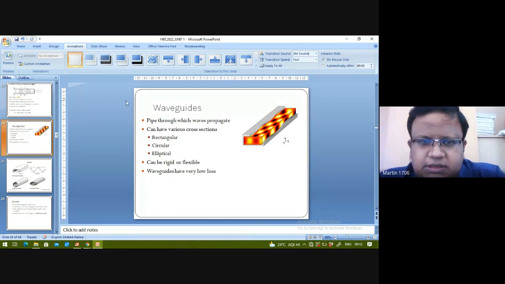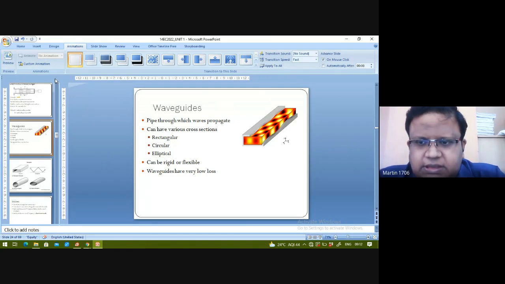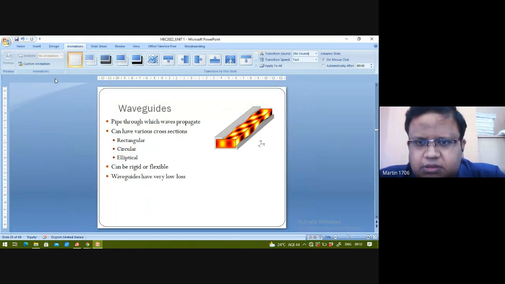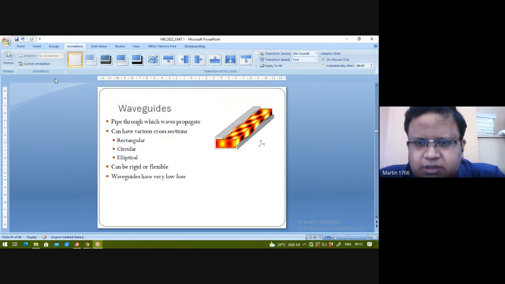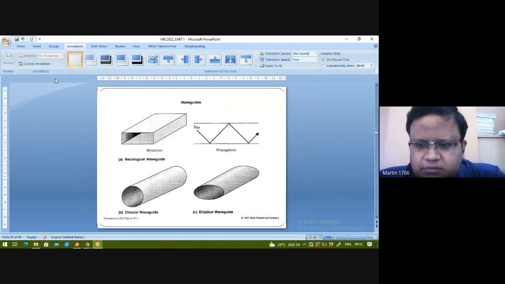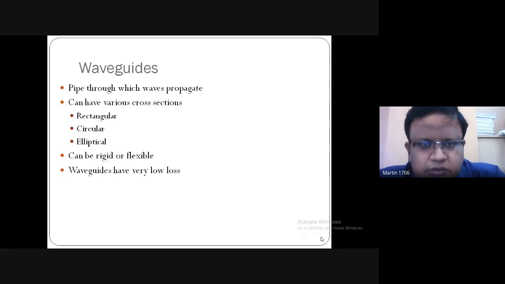So last class we have seen some of the devices like short circuit plunger, waveguides.